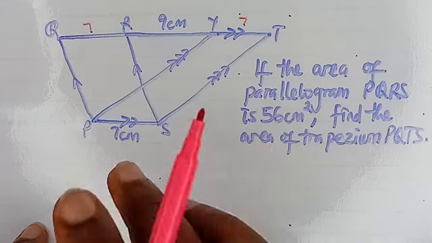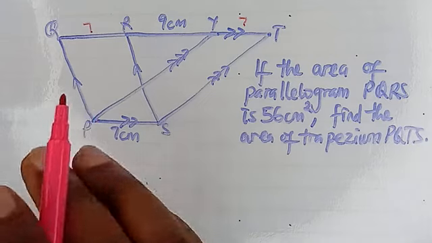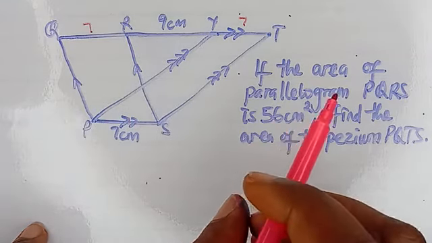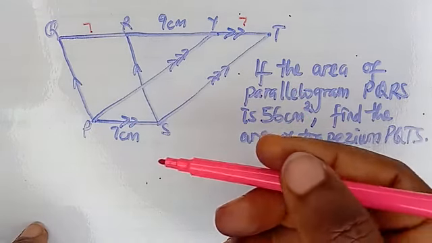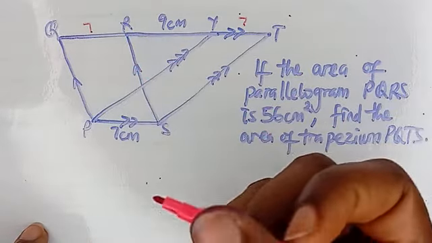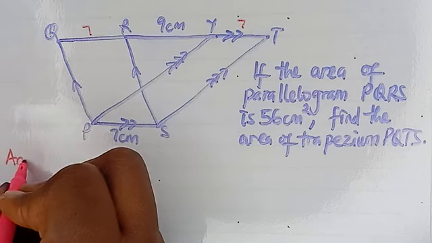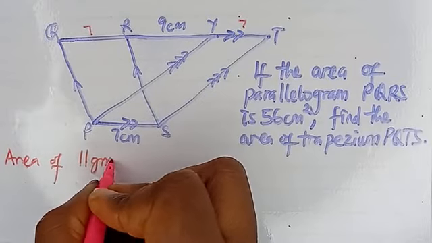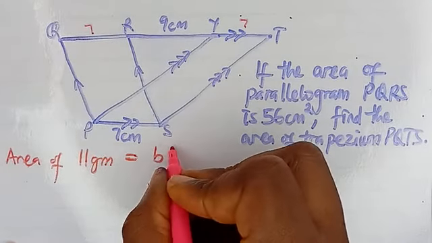But for the height, we know that the area of a parallelogram is equal to base times height. So since we've been given the area of the parallelogram and we know the base, we can find the height from that base and then use that height to find the area of the whole trapezium. You can see it's easy, right? So we have that area of parallelogram, the short form of writing parallelogram, is equal to base times height.